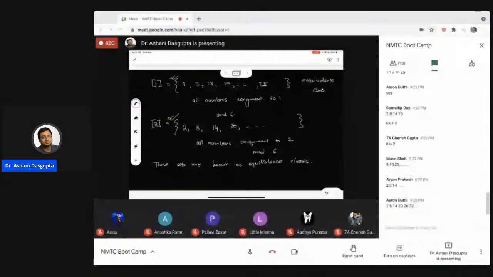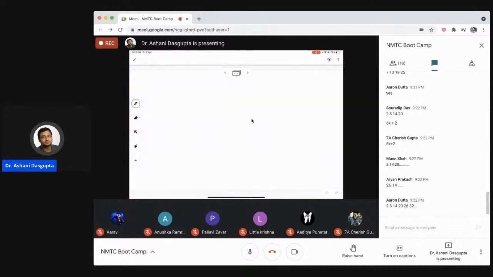Okay, so what we want to show is that the equivalence classes are mutually exclusive and exhaustive. So what does that even mean? Can anyone tell me the meaning of mutually exclusive?